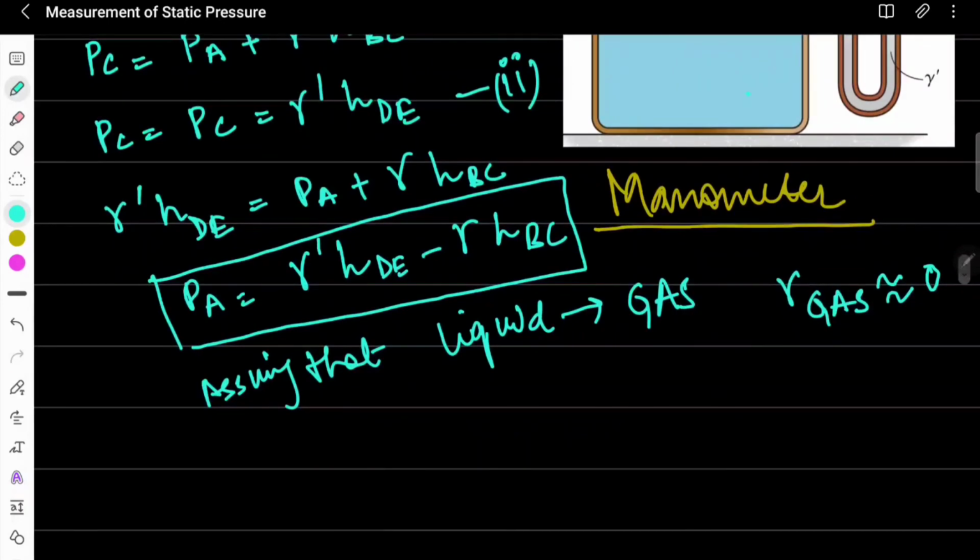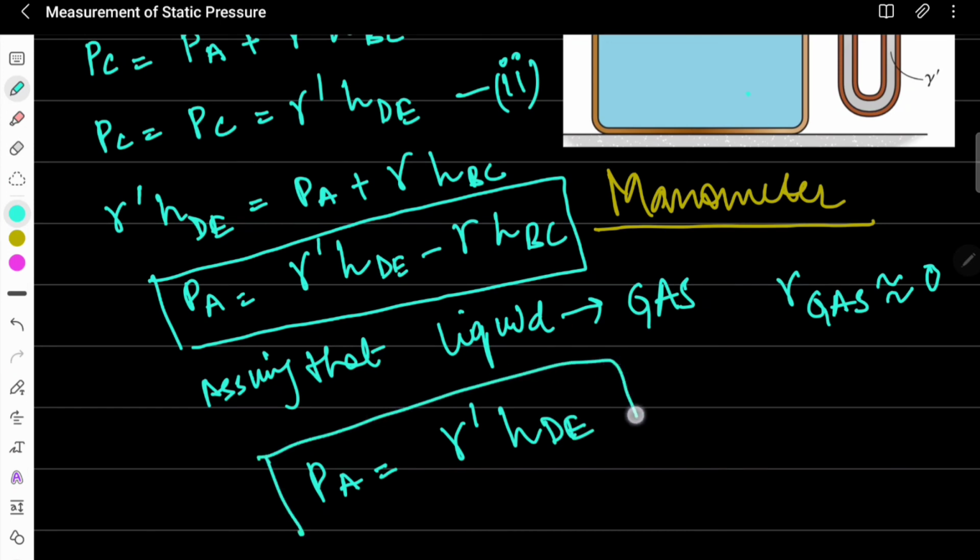So the expression we wrote here for PA can be rewritten as PA is equal to gamma dash multiplied by HDE. So if you are measuring the pressure in a container which is filled up with air, you can directly use this equation without any substantial error.